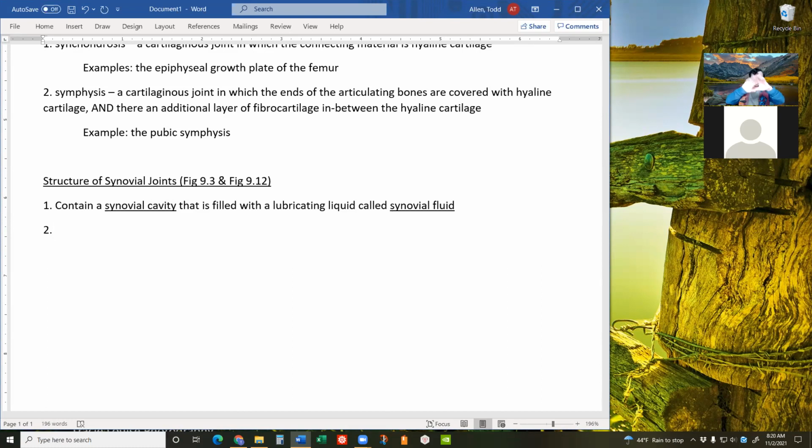The articular capsule encloses the synovial cavity. I'm going to tell you what that articular capsule is actually made of.